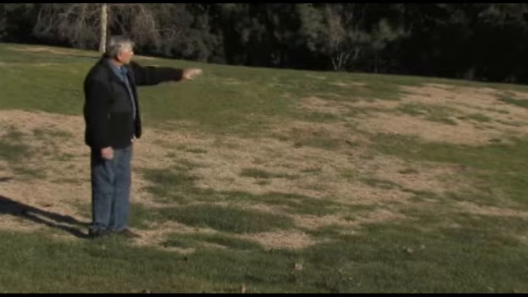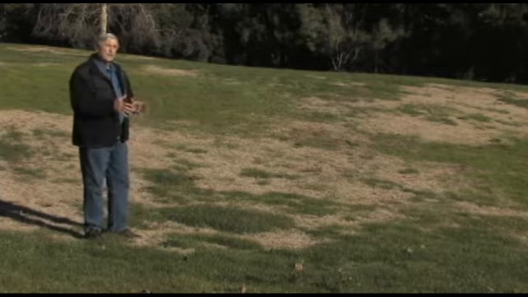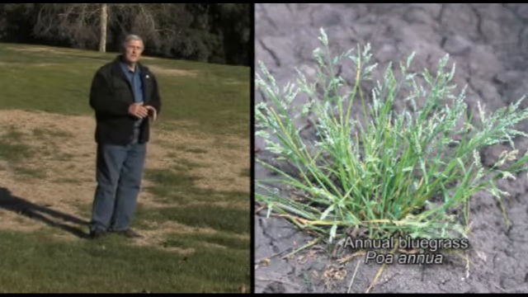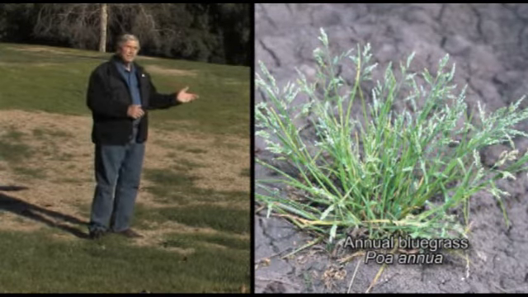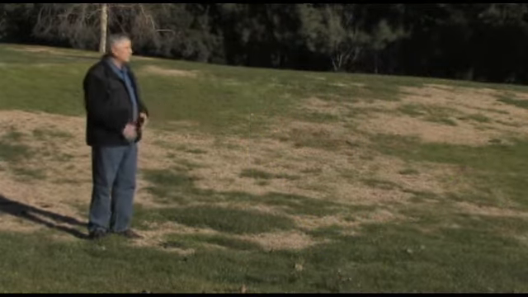However, there's virtually no competition going on now. If we look off a little bit further out there, we have another lighter green colored grass, and that's probably the weed annual bluegrass, which again, it's an annual, but it's a winter annual, and therefore it competes well during this cooler, moist period of year.